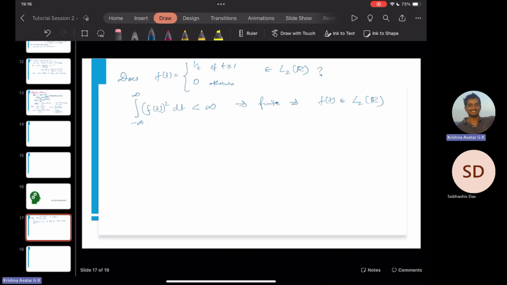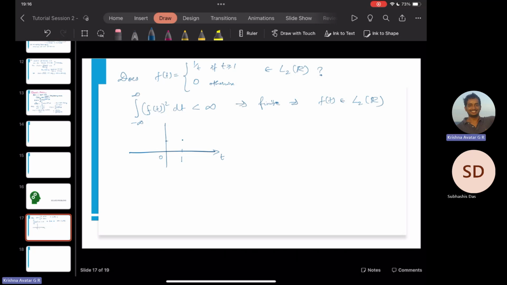Fine. Now let's try to understand what the expression of the signal would look like. It says f of t is equal to 1 by t if t is greater than or equal to 1, and 0 otherwise. If we plot it, this is the t axis with t equal to 0 and this is 1, and this is the f axis.